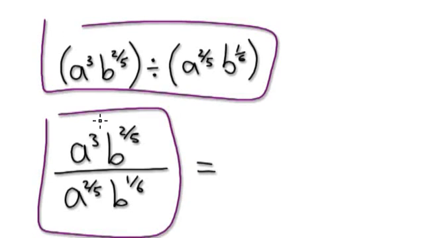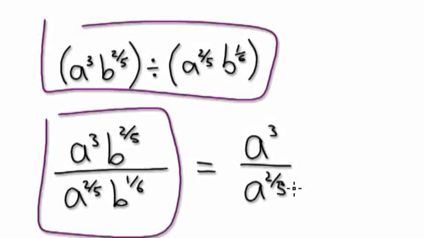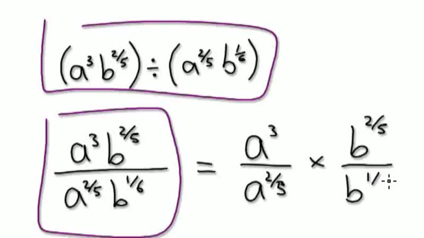Now, we can actually break this fraction up into 2 fractions. So it would look like this. A to the power of 2 over 5, and then times B to the 2 over 5 over B to the power of 1 over 6.